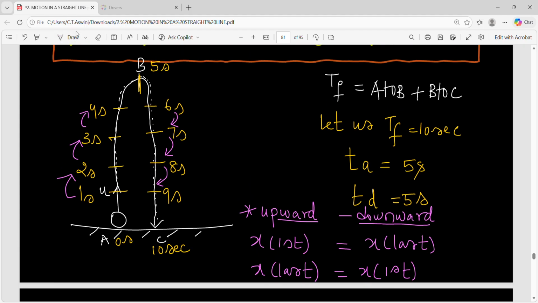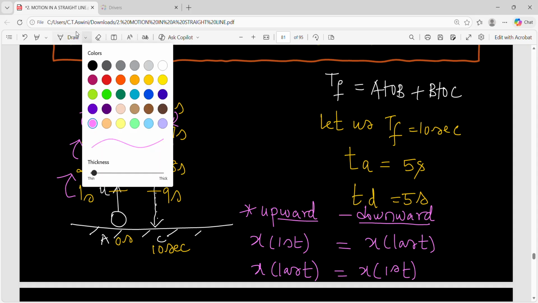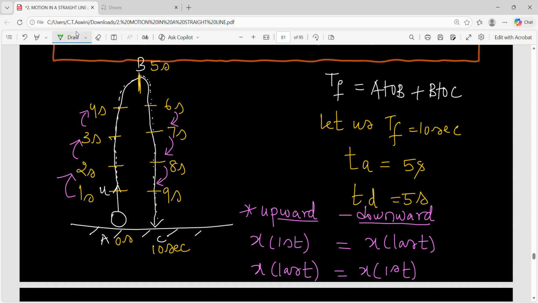Just see what we have discussed. These two cases are important, so I have written these two. During the upward journey, the distance traveled in the first second will be equal to the distance traveled in the last second in the downward journey. Similarly, in the upward journey, the distance traveled in the last second will be equal to the distance traveled in the first second in the downward journey.